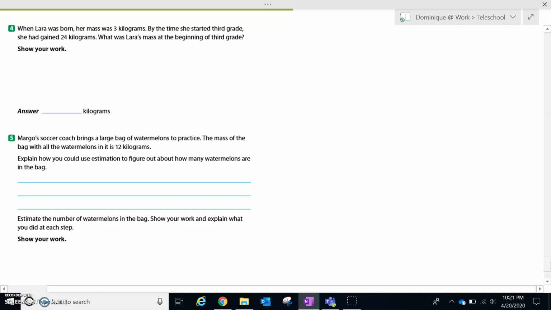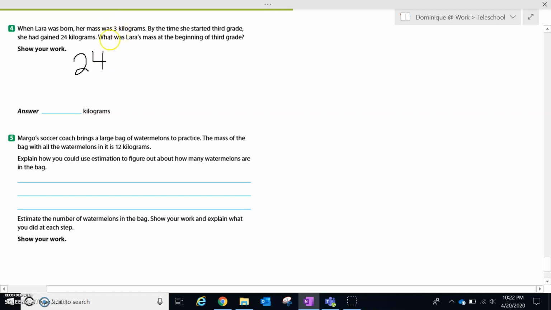When Laura was born, her mass was 3 kilograms. By the time she started 3rd grade, she gained 24 kilograms. What was Laura's mass at the beginning of 3rd grade? Alrighty, so let's think about this.